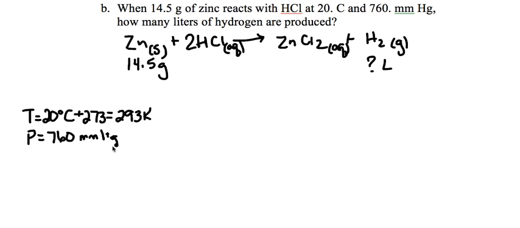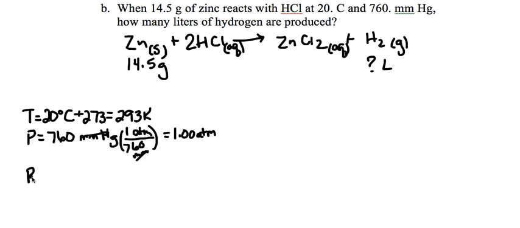Again, with the constant that we've been using, we want to have atm for our pressure units. And so 760 millimeters of mercury is 1 atmosphere of pressure. So the millimeters of mercury cancel, and you get 1.00 atm, keeping the same number of significant figures.